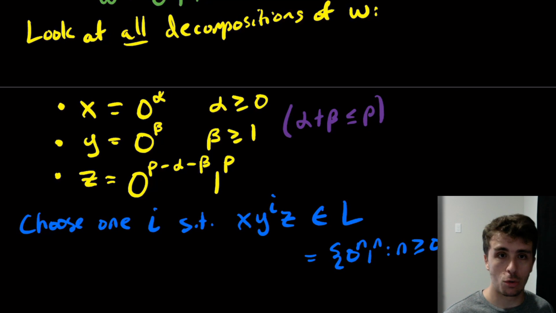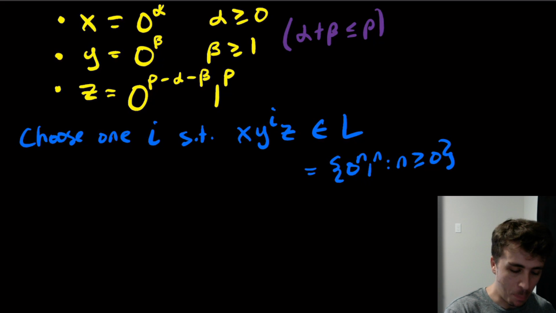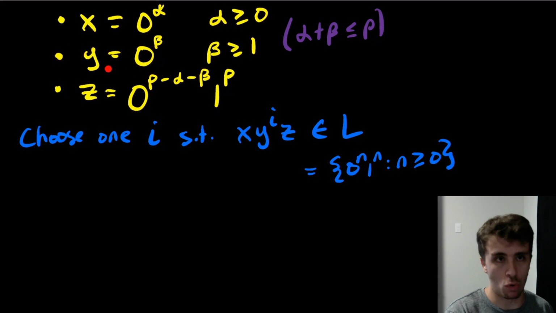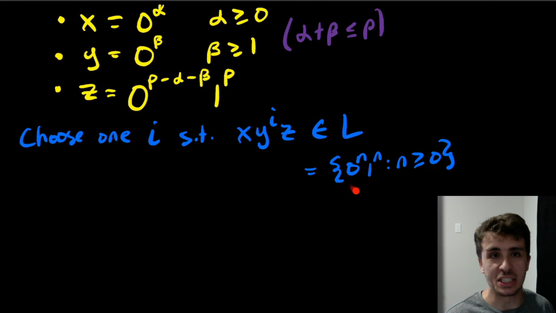So what I want to do here is obtain a string by putting fewer or more copies of Y only, so that I achieve a string that doesn't have the same number of zeros and ones. In other words, I want a different number of zeros and ones.